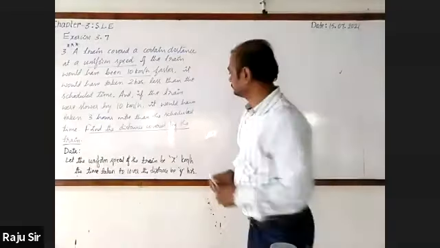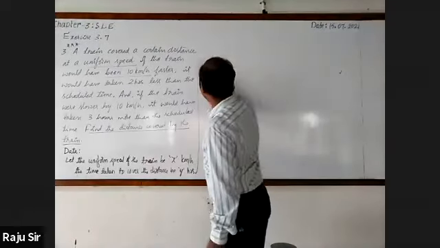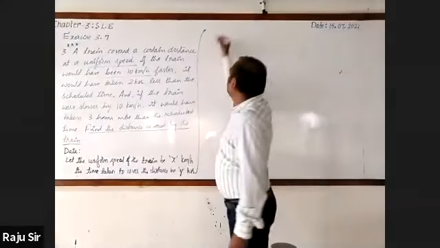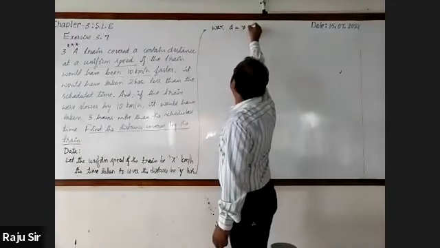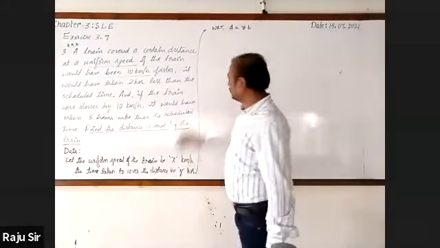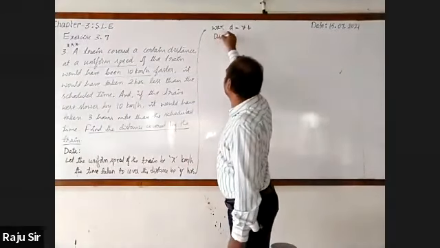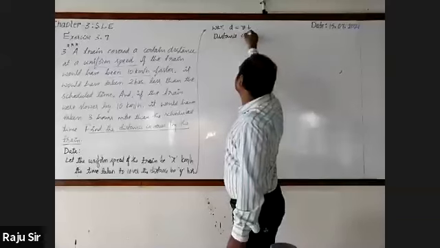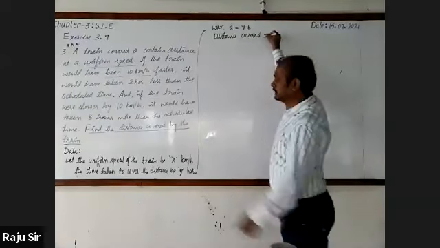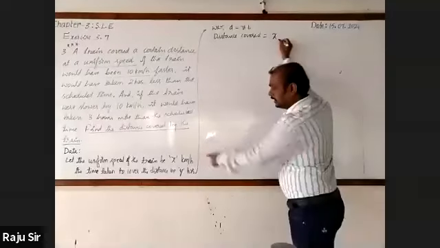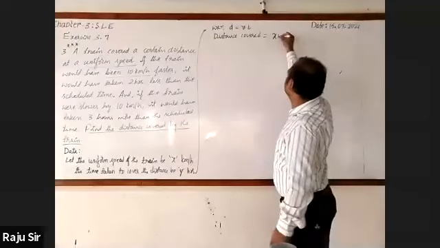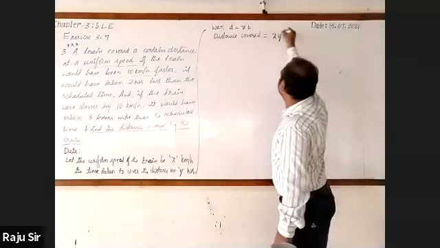Here also, we know that distance is equal to speed into time. Then the distance covered is equal to speed x kilometer per hour and time y hours. It will be xy kilometer.